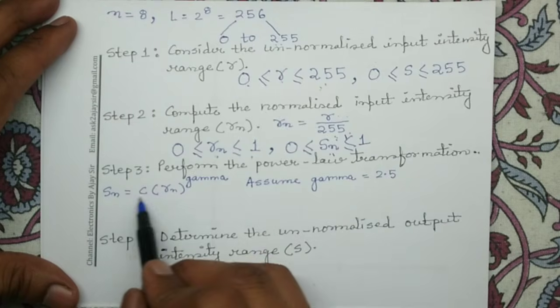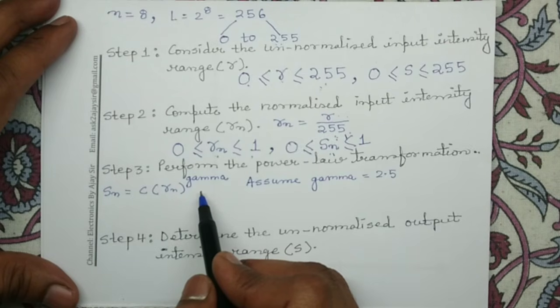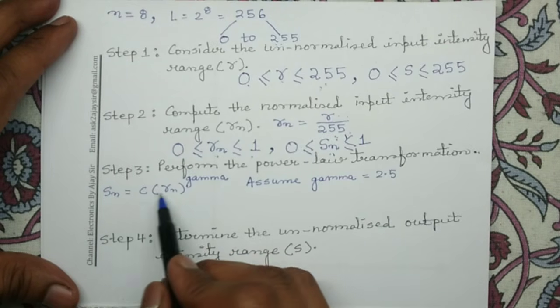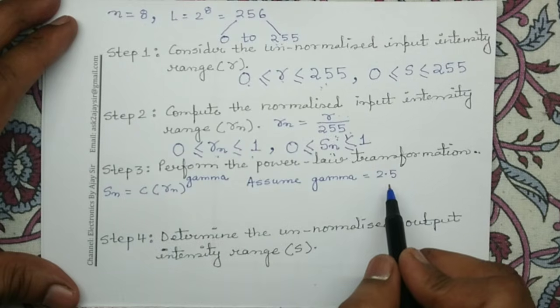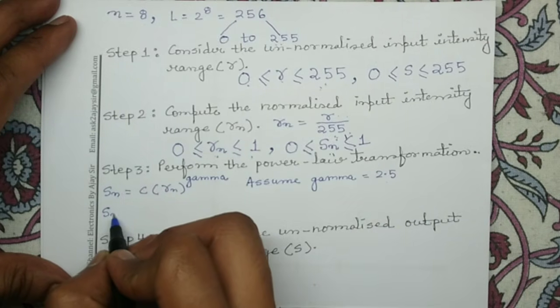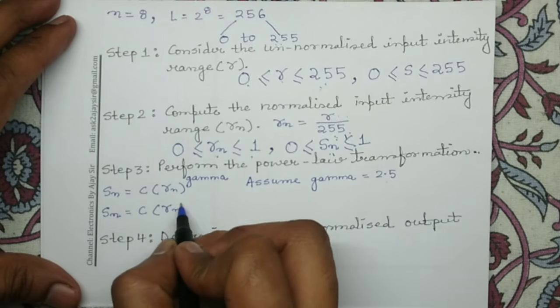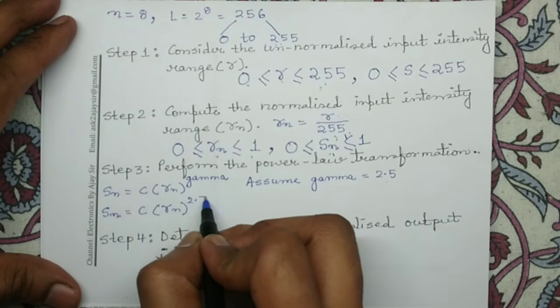Now in this equation of Sn, we will substitute the value of gamma in order to explore the power law transformation for gamma greater than 1. So in this equation of Sn, we will substitute gamma equals 2.5. So the equation of Sn becomes Sn equals C Rn to the power 2.5.